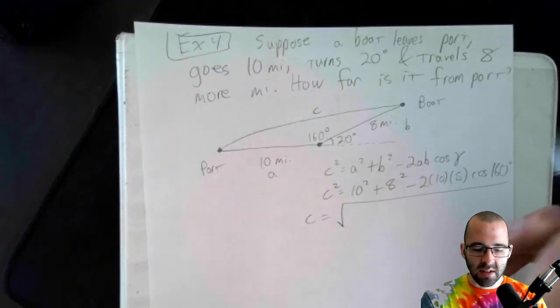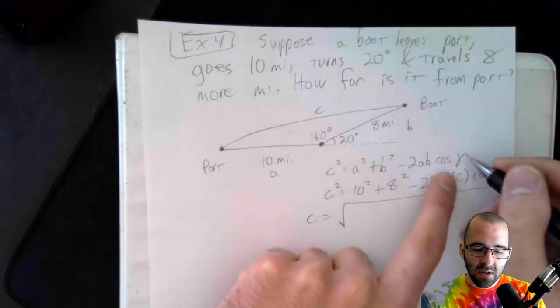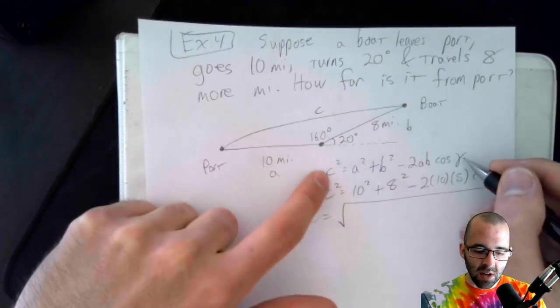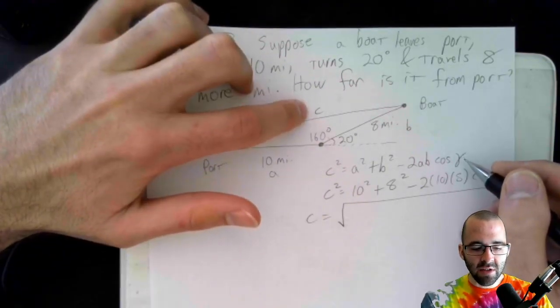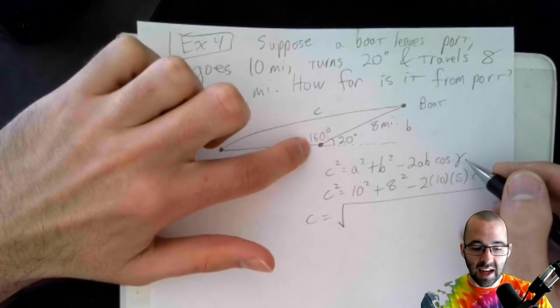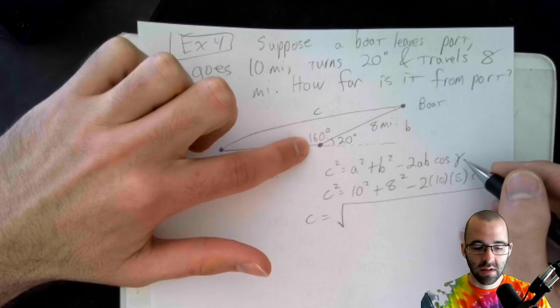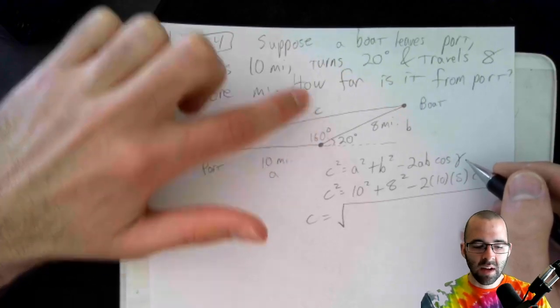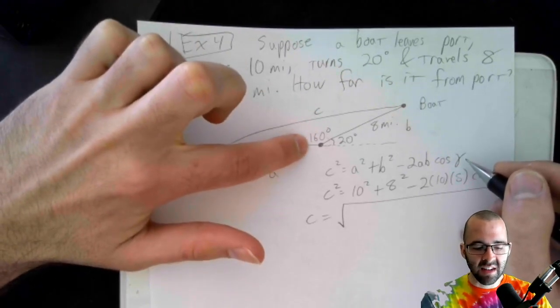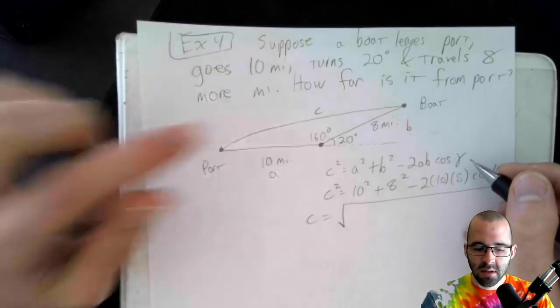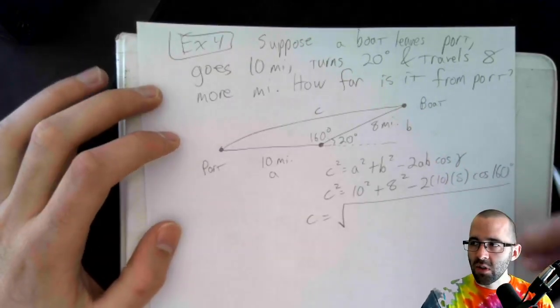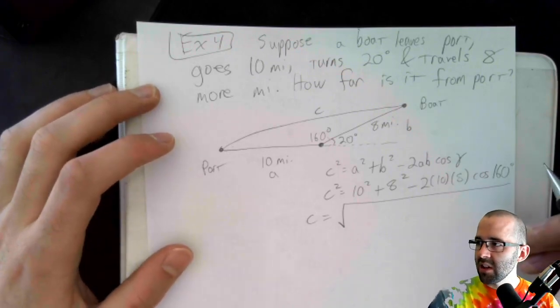For law of cosines, this angle is always the opposite angle of whatever this side is. So if we're solving for C, we need this angle. Okay? If we're solving for this side, we need this angle. Otherwise, it cannot be solved with the law of cosines. Okay? I don't think I totally understood your question, so feel free to clarify.